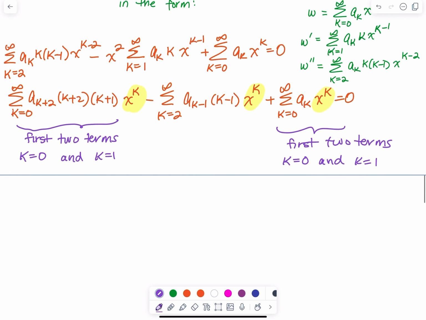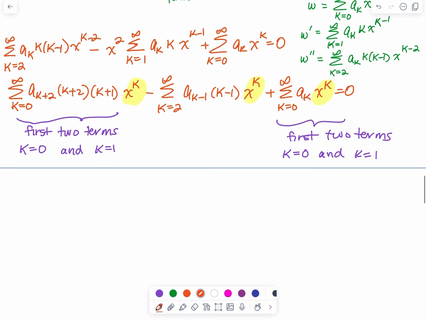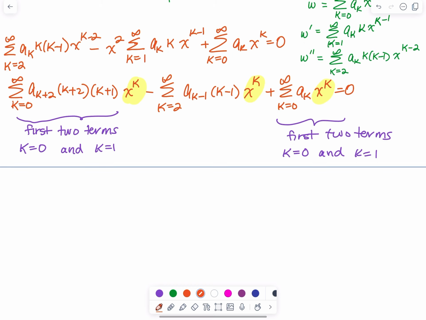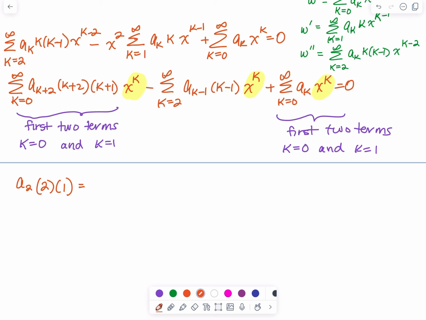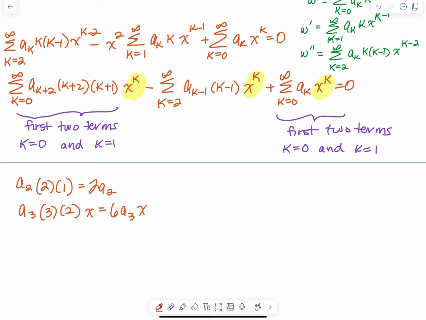Okay, so doing that, when k is 0, we have a sub 2 multiplied by 2 multiplied by 1, and that's equal to 2a sub 2. When we have k equal to 1, we have a sub 3 multiplied by 3 multiplied by 2, and then we also have multiplied by x. So we have 6a sub 3 multiplied by x.